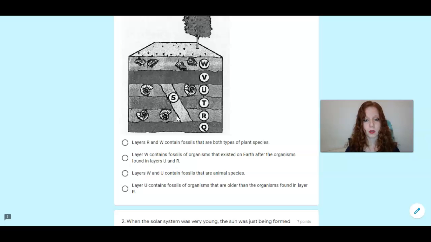We have layers W and U contain fossils that are animal species. W, again, is a plant, so not looking too good on that one. Layer U contains fossils of organisms that are older than the organisms found in layer R, which means U is going to have to be closer to the bottom than R, and that is not the case here. So option 2 is your correct answer.